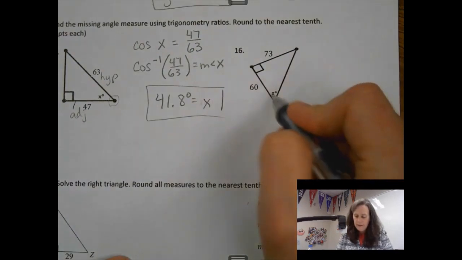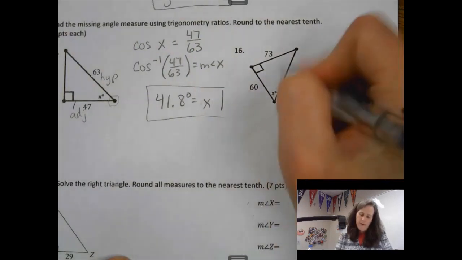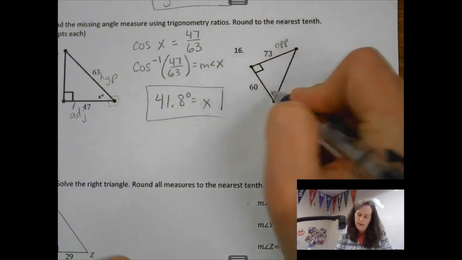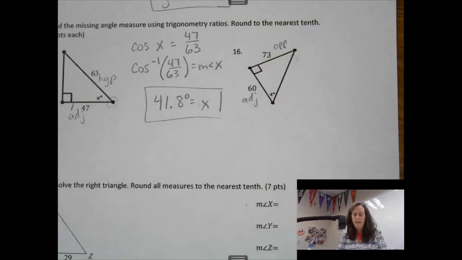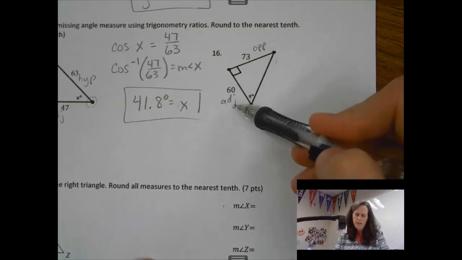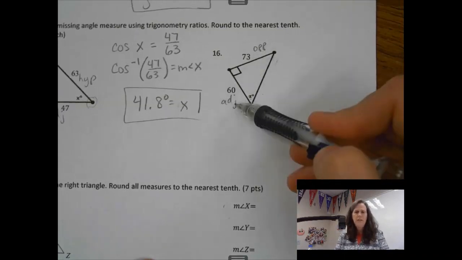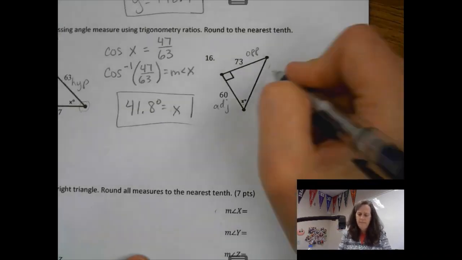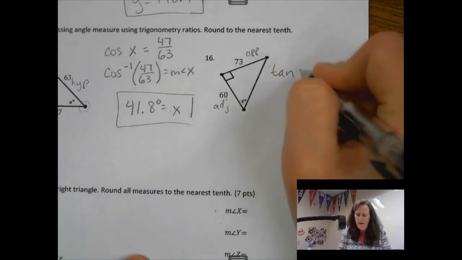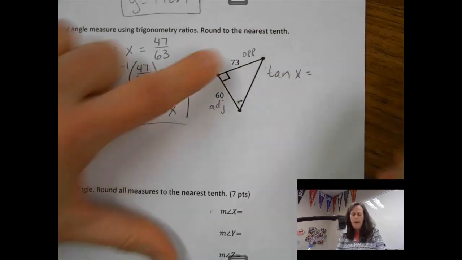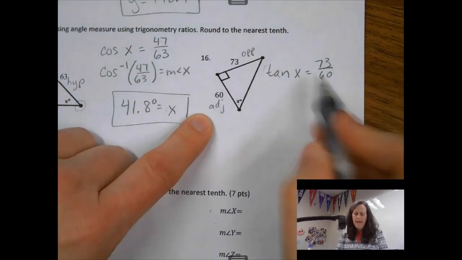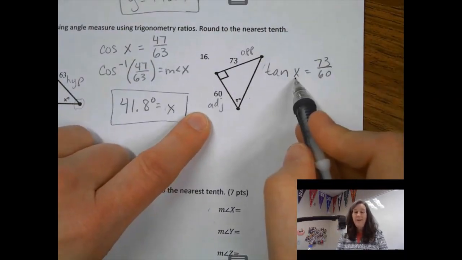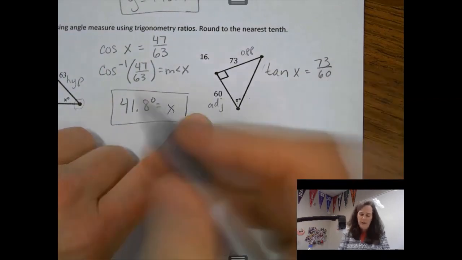This is like our little x right here. We have opposite and we have adjacent. We don't use the hypotenuse. They didn't give us anything. So which function uses opposite and adjacent? Yeah, tangent of x, opposite over adjacent. And we don't have this. We need to undo it. We have the answer. We got to find where it started.